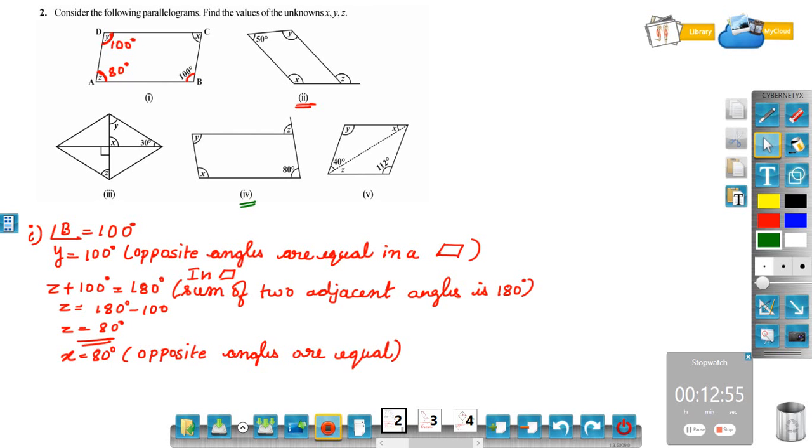Y, 40 degree and X are the angles of triangle. So Y plus 40 degree plus X is equal to 180 degree. So that you can find X. After finding X, you can find Z because X and Z are alternate angles. So I will leave fourth and fifth one for you to work out.